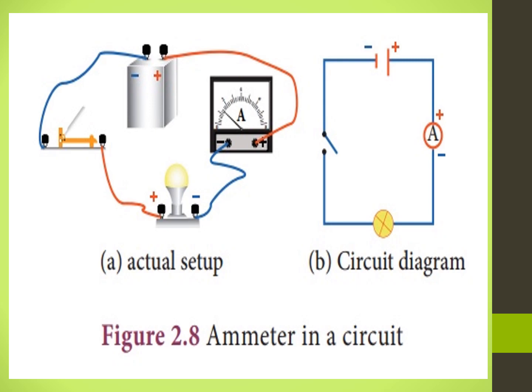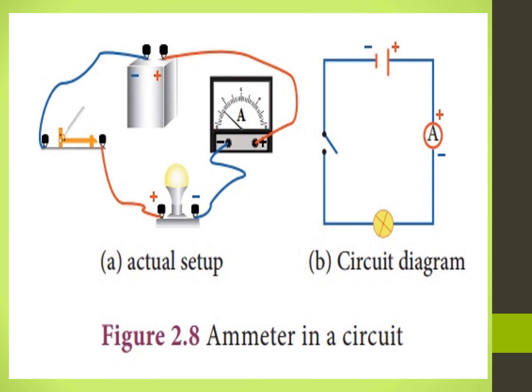I said the SI unit of current is ampere. A current of 1 ampere means 1 coulomb of charge passing through a section of wire every 1 second. Every 1 second, 1 coulomb.